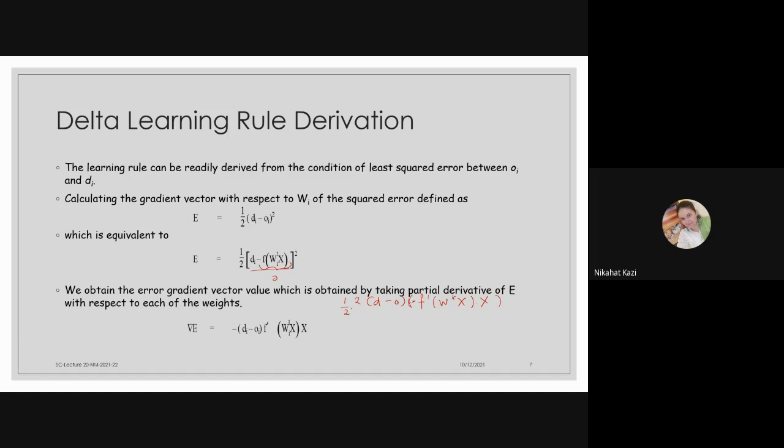So this 2 gets cancelled out and you get minus of d minus o times f dash of w transpose x times x. This is the error gradient vector which we have obtained by taking the partial derivatives.